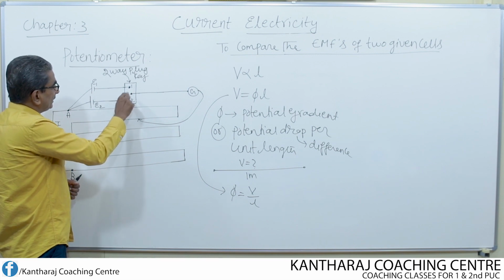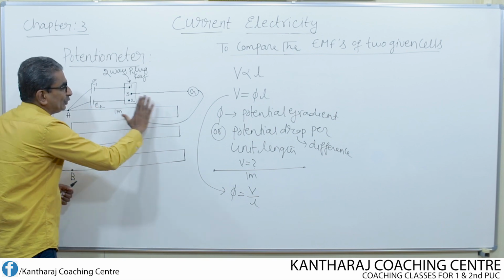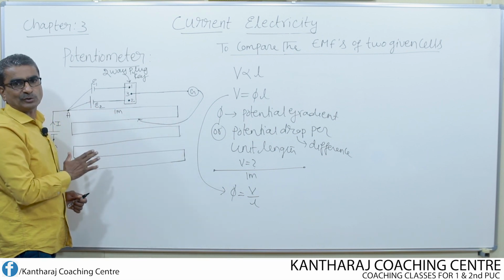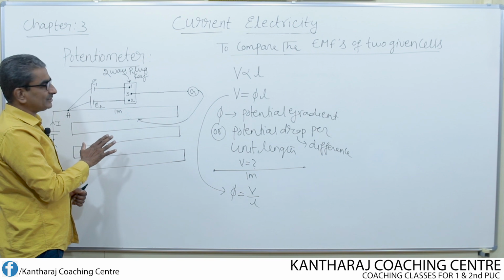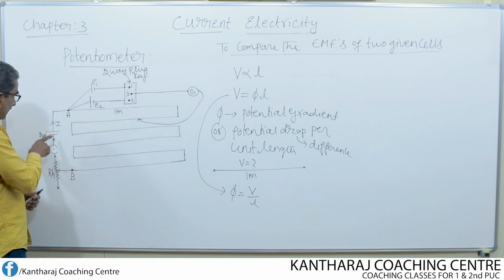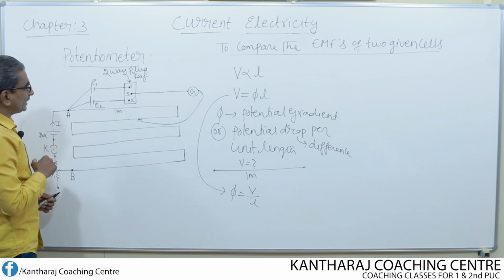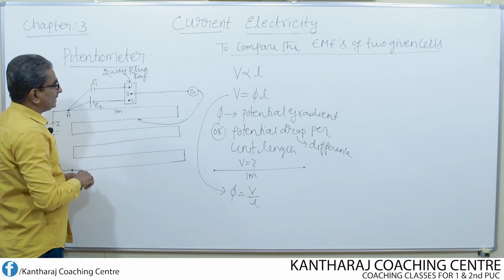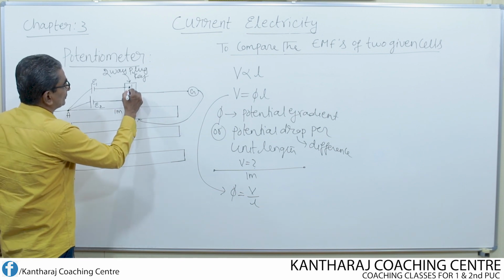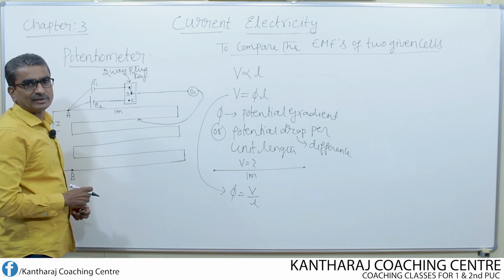If I do so, then the second cell of EMF E2 does not get introduced into the circuit. I introduce only the first cell, because this battery supplies the main current to the circuit. So unplug this, whereas connect these two by inserting the key.